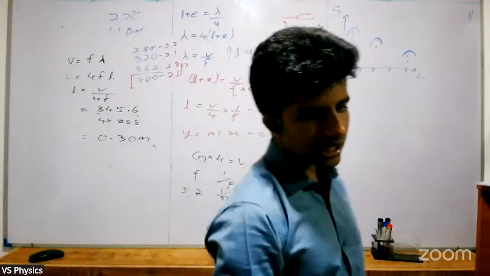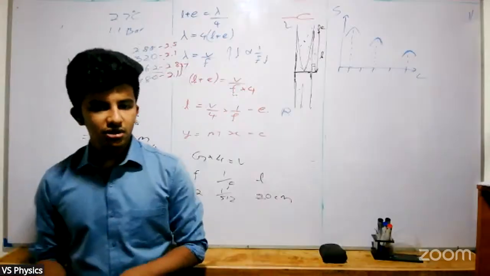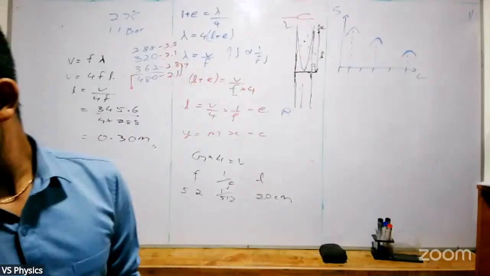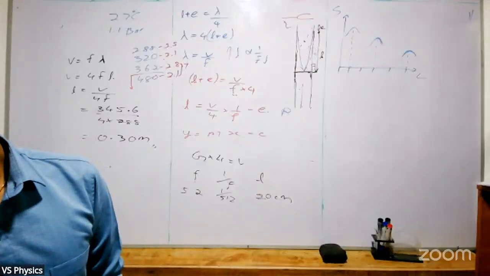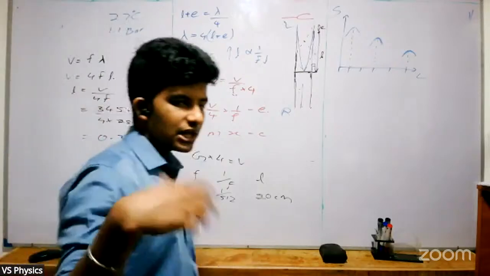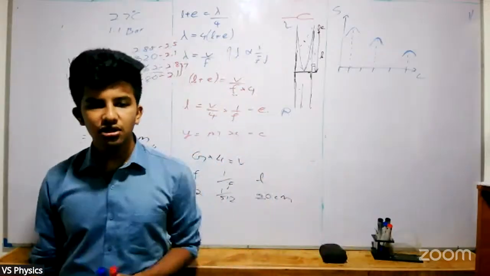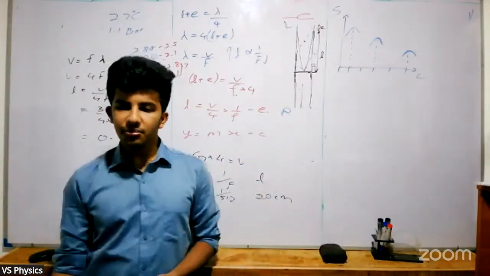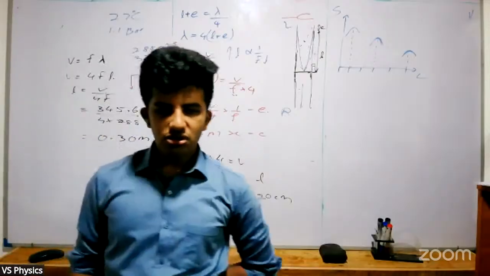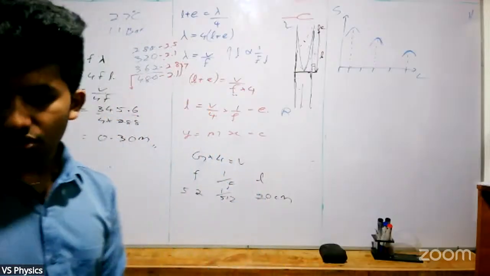I'll tell you the reason. Check the gap between the two 1 over F values. 2.8 minus 2.3 gives 0.5. 2.3 minus 2.1 gives 0.2. It's not balanced. Let's try 2.5. It is 0.3 on this side and 0.4 on that side. Almost balanced. So we have to use 2.5 as the value. So 406.4 is the answer.